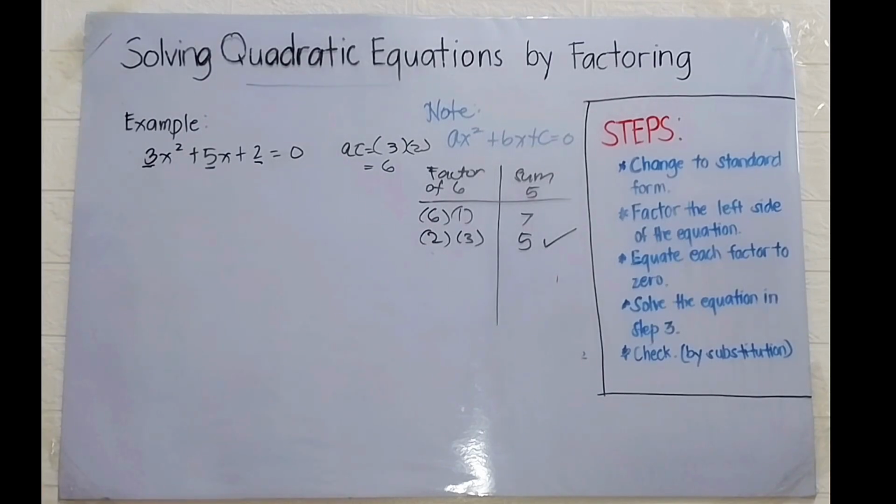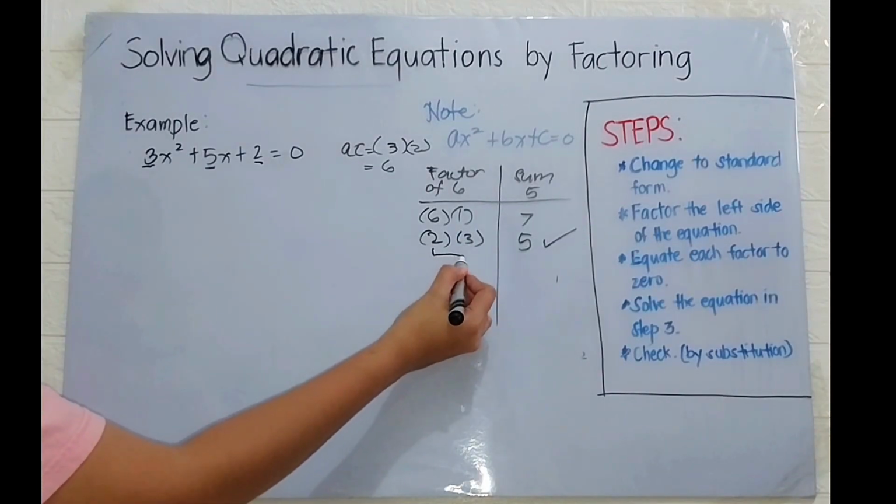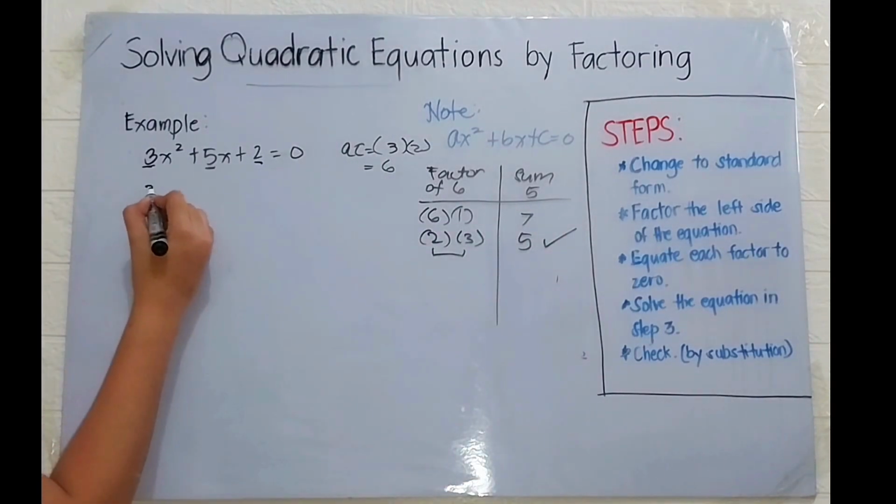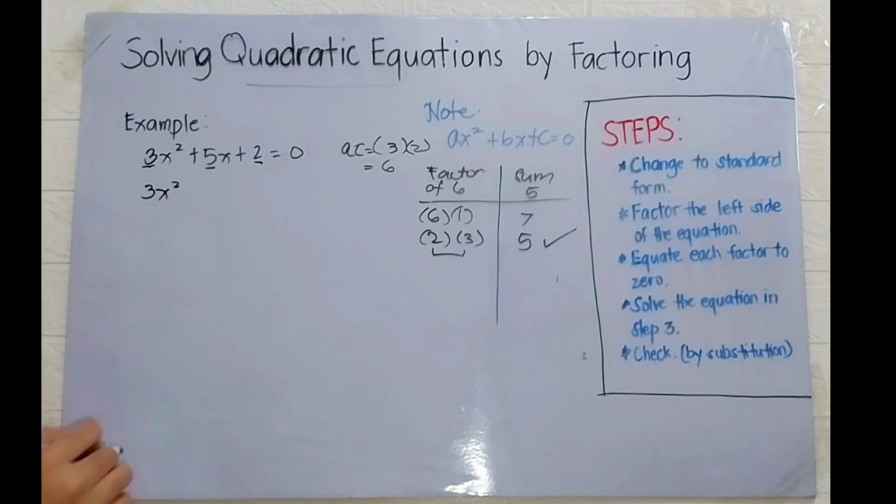Since we are going to use factoring by grouping, we're going to express the 2 and 3 as a sum of our B. What do we do? First, copy the 3x squared. If you've forgotten, actually this topic is from grade 8, the factoring by grouping. We're just applying it now in grade 9, which is solving quadratic equations by factoring.